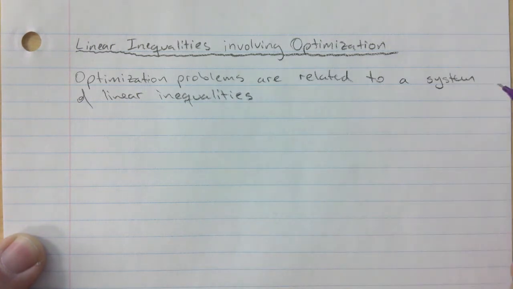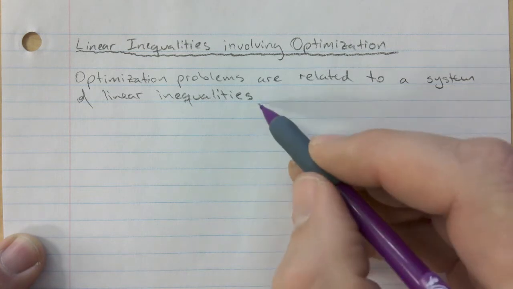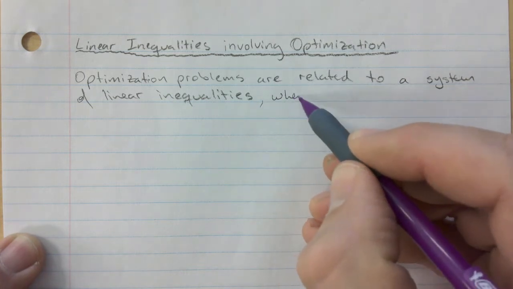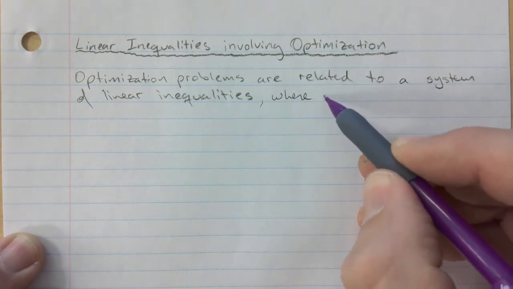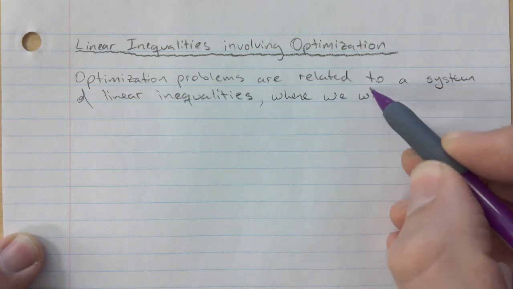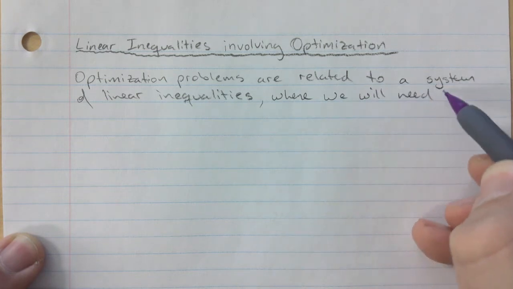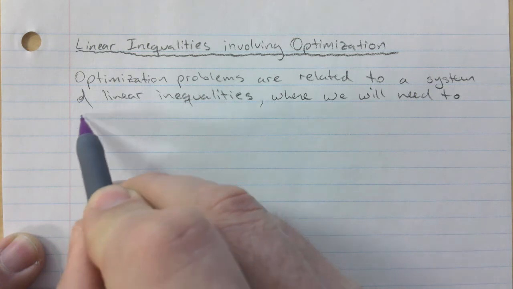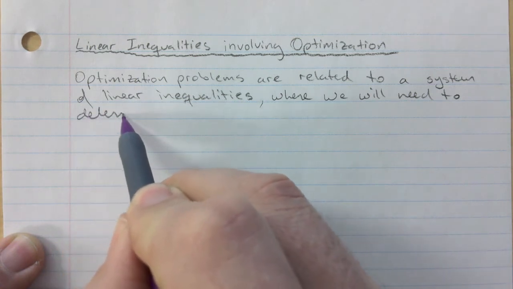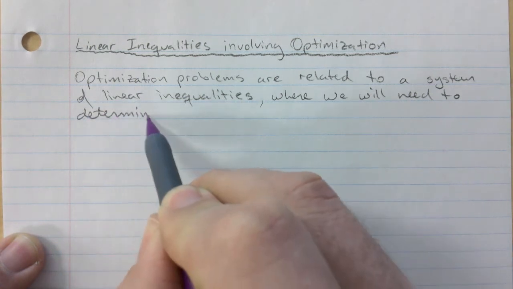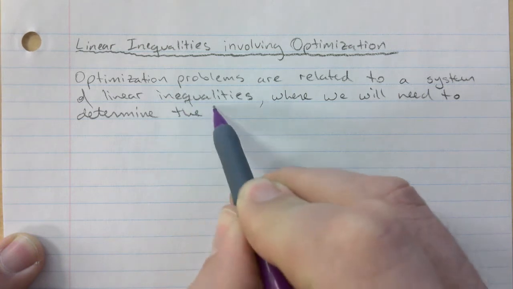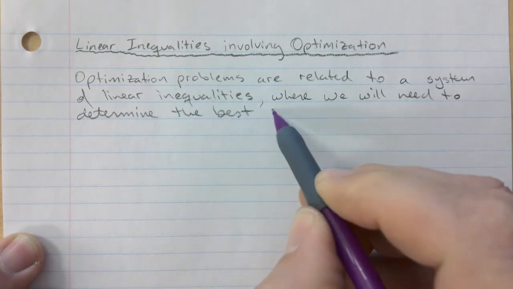Optimization problems are related to a system of linear inequalities, where we will need to determine the best solution.